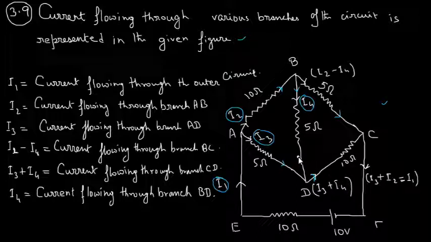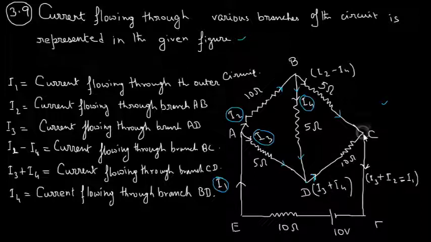Why? Because I3 is coming from AD and I4 is coming from BD. So they meet together and the sum is I3 plus I4, which moves towards DC.